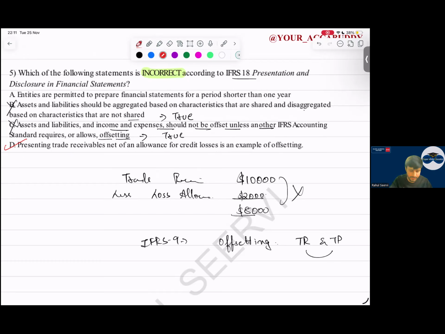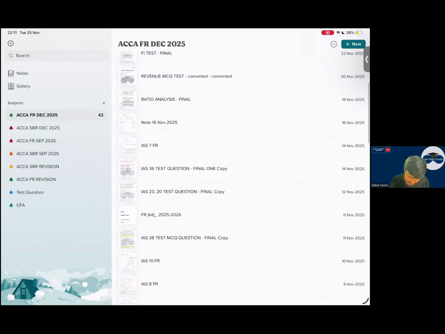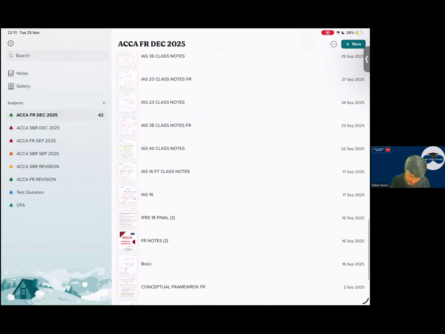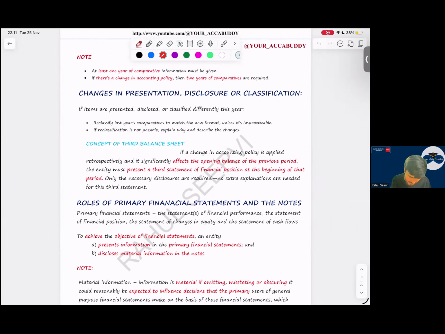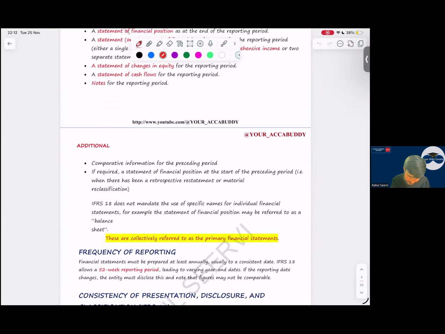Understand that. I hope this is clear. So with this, this part is done. I hope there are no doubts in this part. So see here now, let me show. I think in IFRS 18 we have discussed this point also. See here, have I included this point in the notes? See now, frequency of reporting.